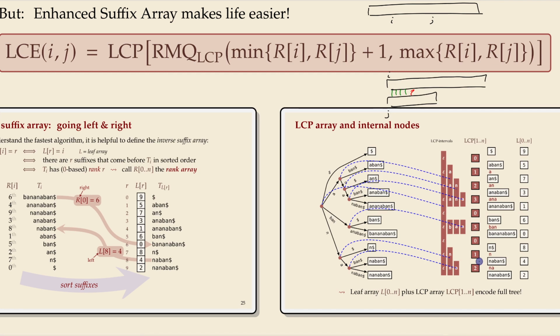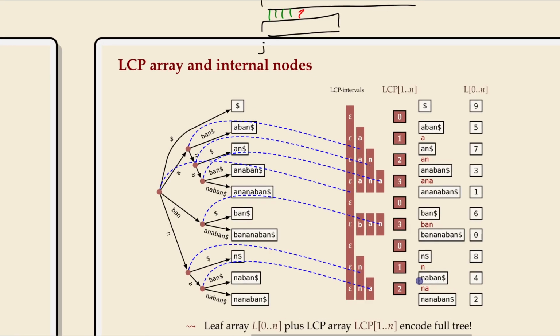Let me try to pick an example illustrating that. Maybe let's take this suffix and this suffix. So they are not adjacent in order, so we don't have an LCP entry showing us what the longest common prefix is. But we can still trace: these have one thing in common, these have two things in common, these have three things in common.